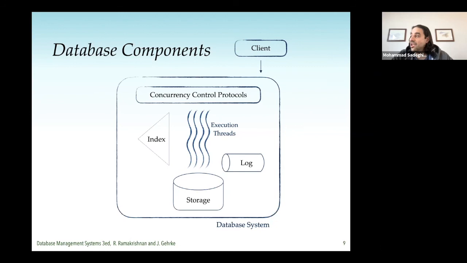Or if the user needs to access a set of data, instead of just randomly going from one page to another, doing a random access, if I have a better understanding of what needs to be accessed, maybe I can transform that random access into a sequential access. So look at the data in a sequential way. That will improve the performance both of the disk and even the performance of the memory.